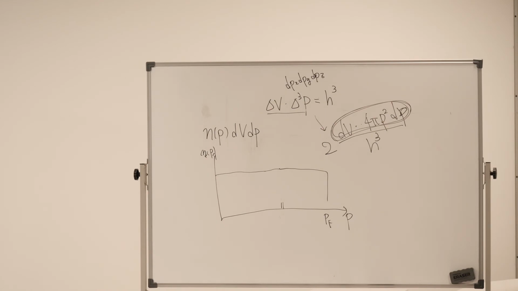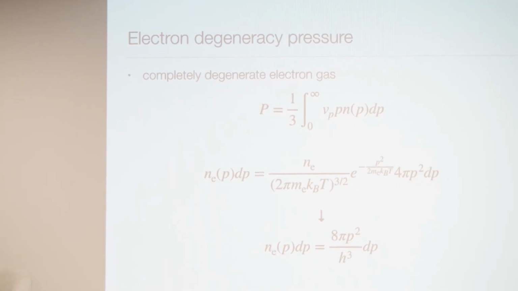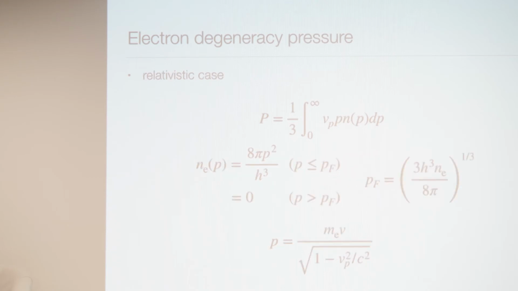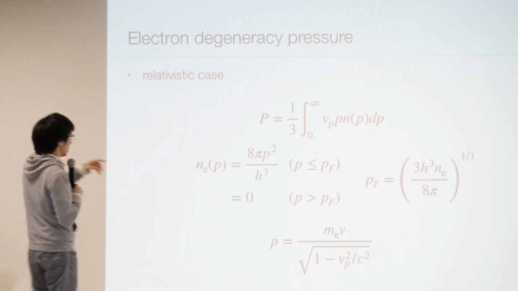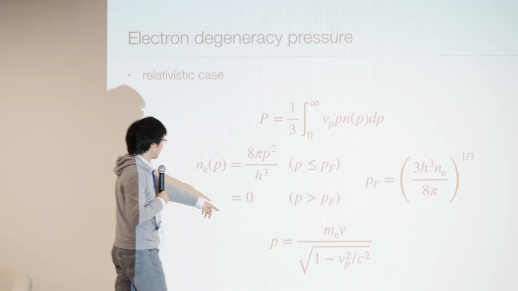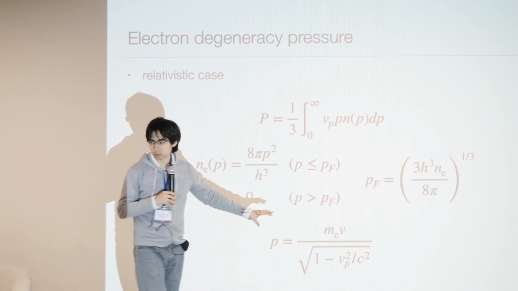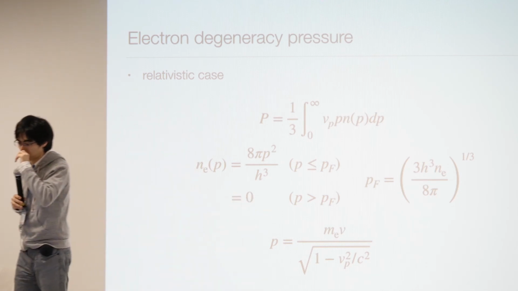And at some point, these electrons will be relativistic. The velocity gets closer to the speed of light. In that case, this is no longer true. And as I said, this P, which we put there, we need to think about the relativistic momentum.